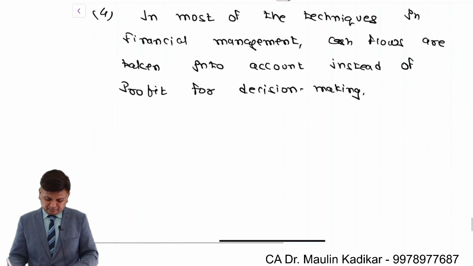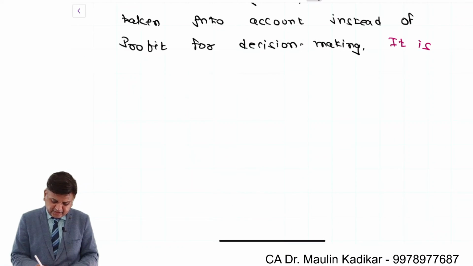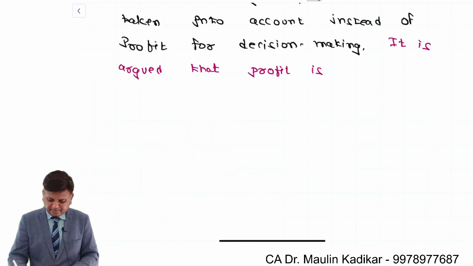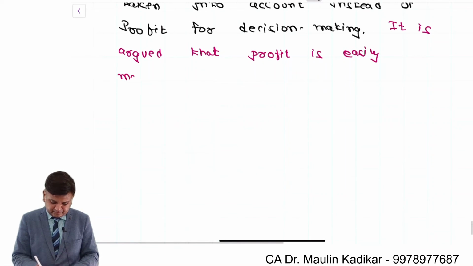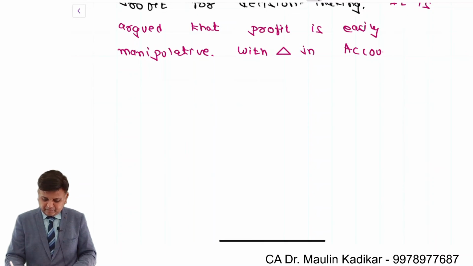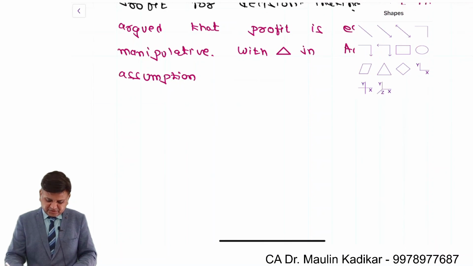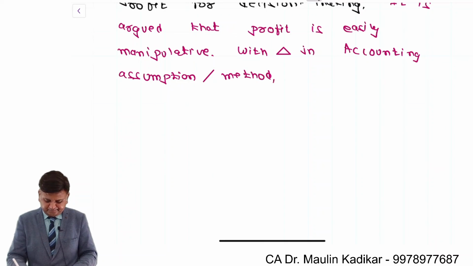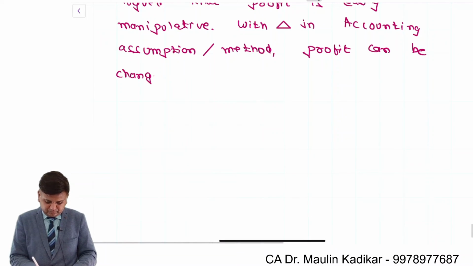It is argued that profit is easily manipulative with change in accounting assumption/method. Profit can be changed, not cash flows.